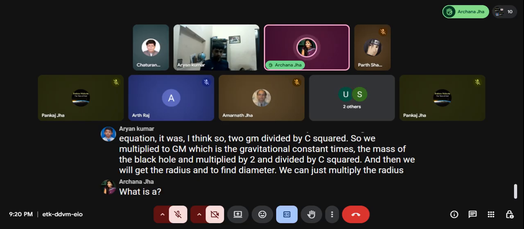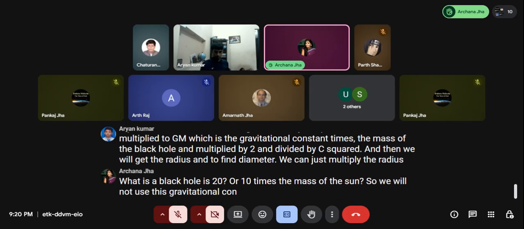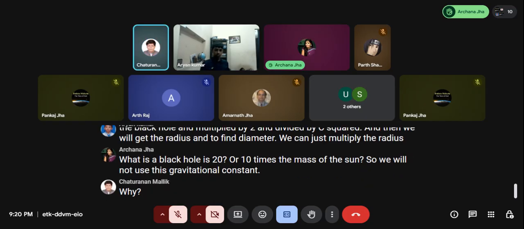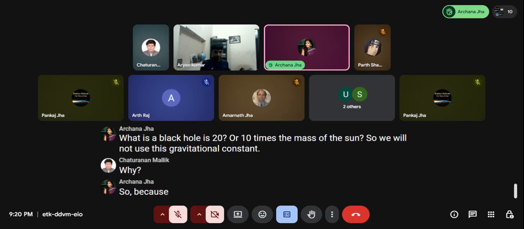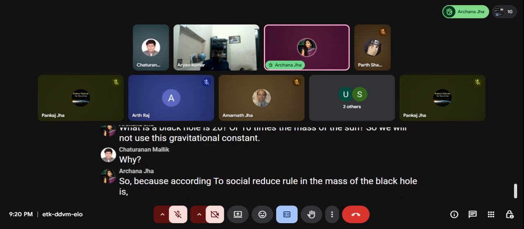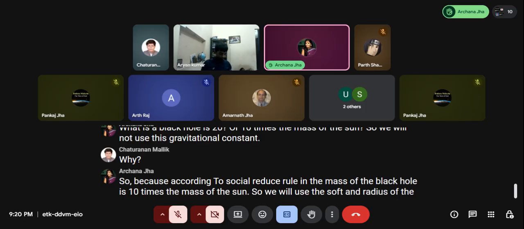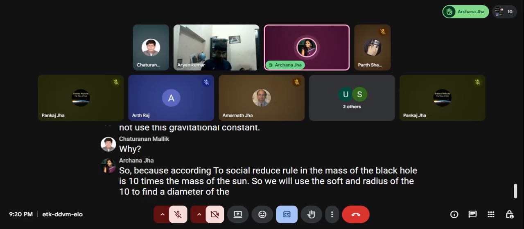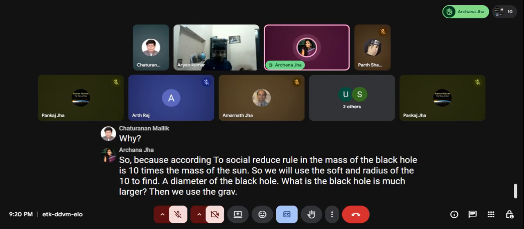But if the black hole is 10 or 20 times the mass of the sun, we will not use this gravitational constant. Because according to the Schwarzschild radius rule, if the mass of the black hole is 10 times the mass of the sun, we use the Schwarzschild radius of the sun to find the diameter. But if the black hole is much larger, then we use the gravitational constant.